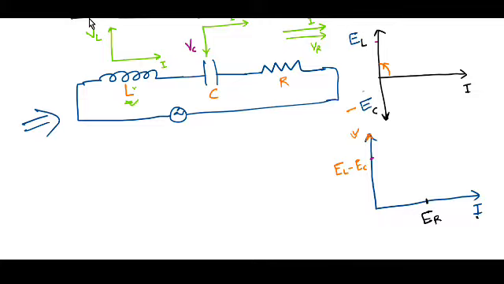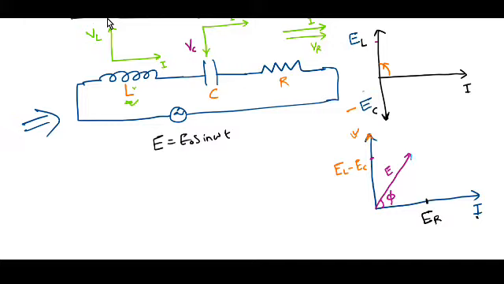Now the net voltage, that is the applied voltage, is E equal to E0 sine omega t. The net voltage in the circuit can be represented by this E. This is the net voltage of the circuit, and the angle between this voltage and the current is this angle phi.